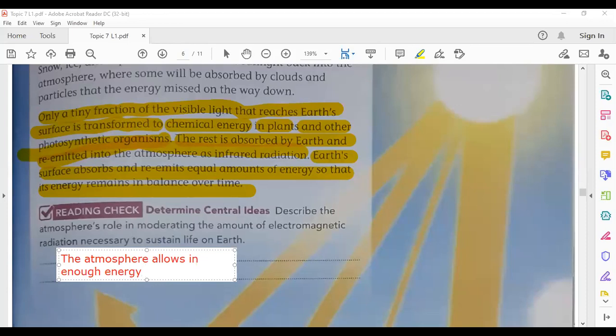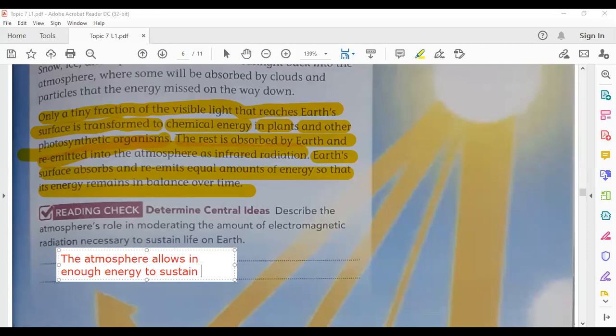Allows enough energy to sustain life, like the visible light. The atmosphere allows the visible light that is used by plants to make food, or atmospheric organisms.